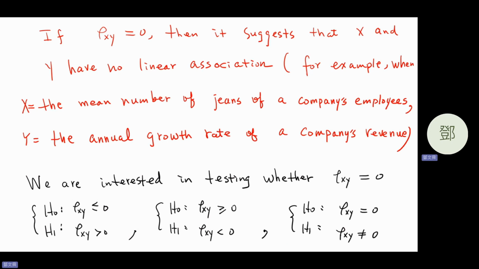Understand? And maybe your hypothesis is 0 or not 0, which will be a two-tailed test. It is so much like what we have done before.